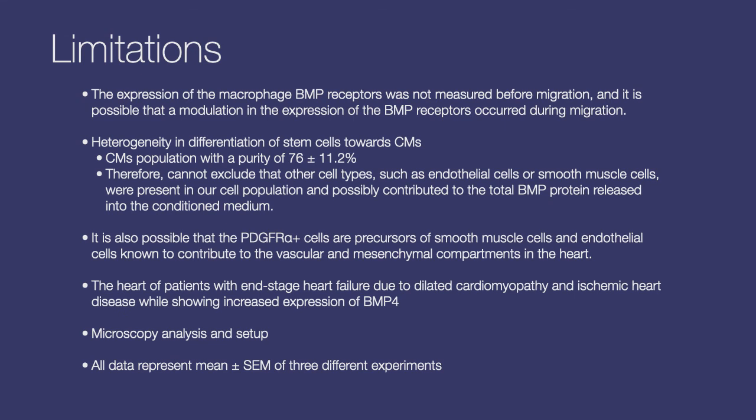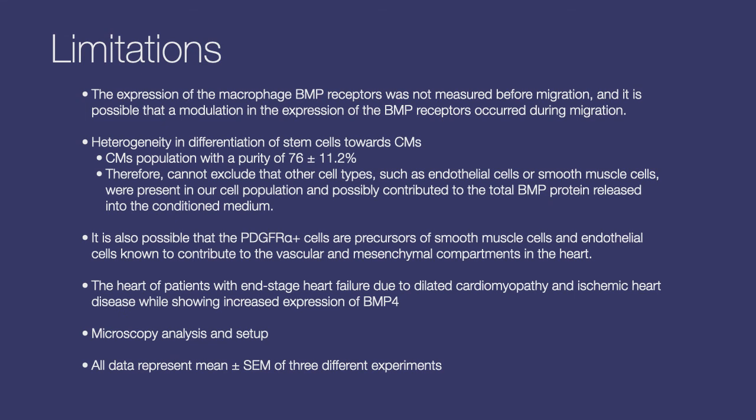So as mentioned earlier, the expression of the BMP receptors was not measured before migration, and the authors suggest that it was possibly modulated during migration or differentiation. So this is something that they would like to test in the future. Another limitation is really just the heterogeneity of stem cell differentiation.